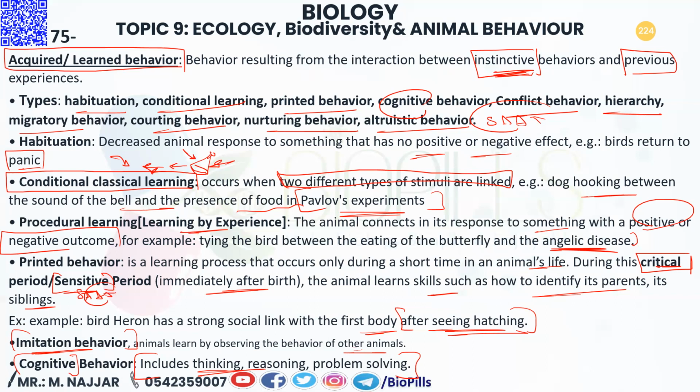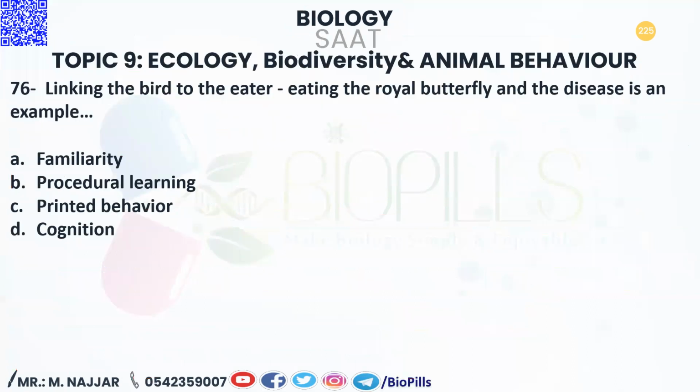So this behavior is cognitive. Why? It has higher thinking, problem solving, and reasoning, like the crow opening the egg in order to eat what is inside, or the chimpanzee cracking the coconut in order to drink what is inside. All of those came in the exam, and they are cognitive behaviors.